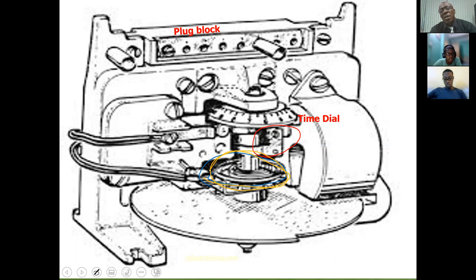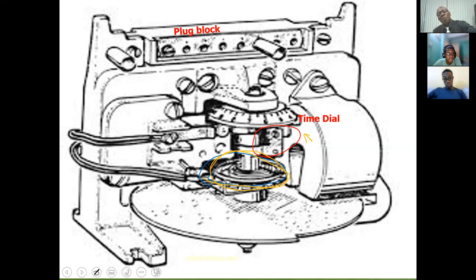There's a fixed contact behind all of this, so you can't see it, but it's somewhere back there. The disk brings it towards the fixed contact. If the condition is removed, then the spring brings the movable contact back to its rest position.